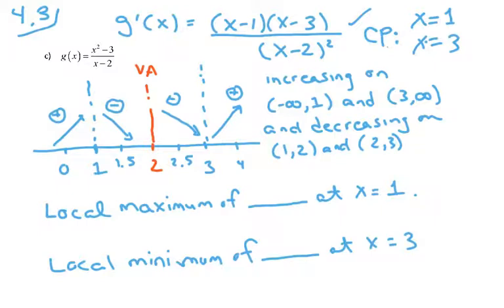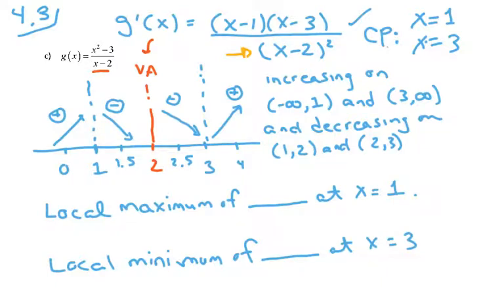We notice that the derivative is not defined at x equals 2, but that's not a critical point because that's not in the domain of our function. But it is important to realize that x equals 2 is a vertical asymptote. So you do need to check on either side of a vertical asymptote, because sometimes a function will change from increasing to decreasing there. So this is what we found.